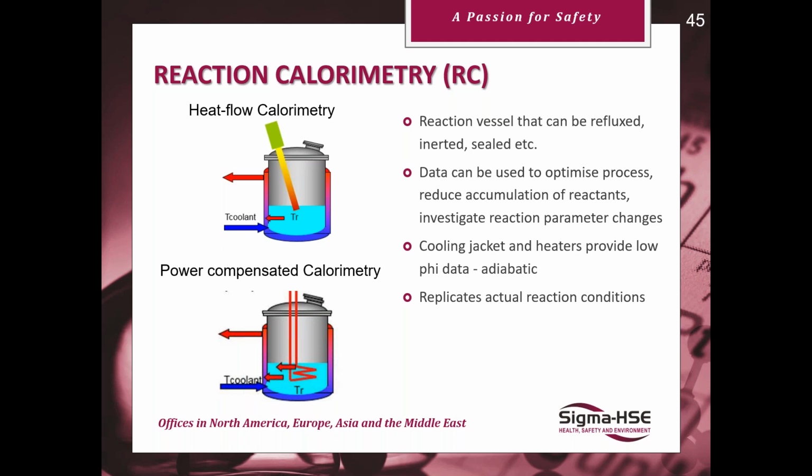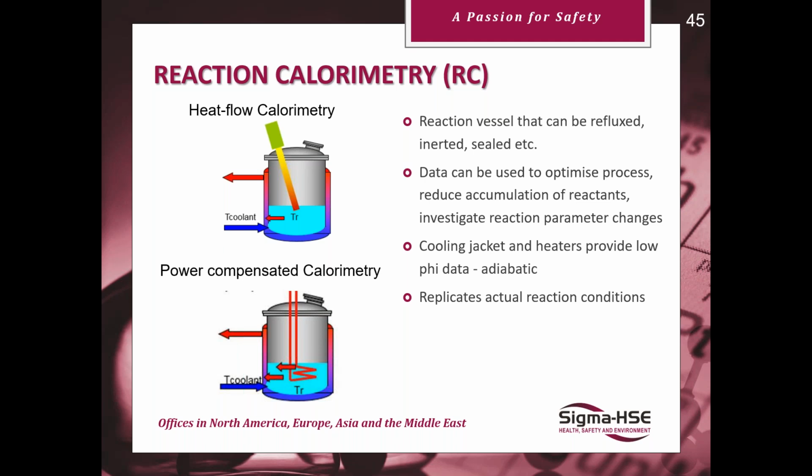So I'll start with the power compensated calorimetry. That uses a pre-calibrated heater. The vessel is then set to be cooled in the range of sort of 5 to 20 degrees below the desired reaction temperature. The heater will then have to put in X amount of power to keep it at the desired reaction temperature.